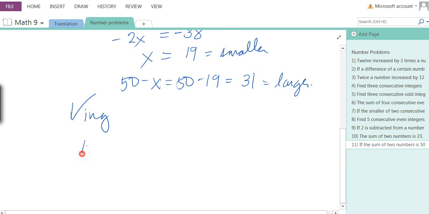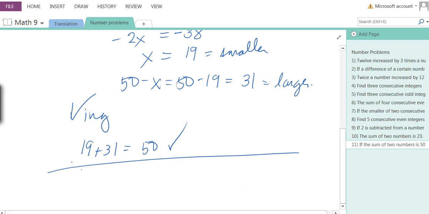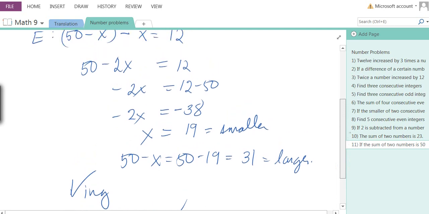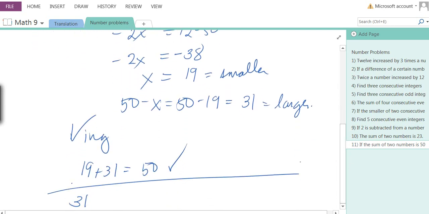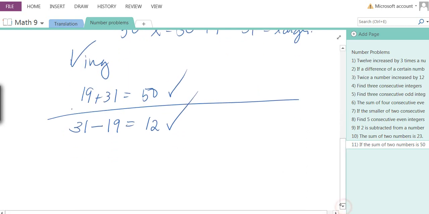So 19 plus 31 is equal to 50. It's a true equation. Their difference should be equal to positive 12. So 31 minus 19 is equal to 12. Therefore, we got the two correct answers.